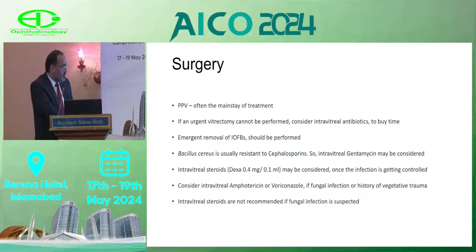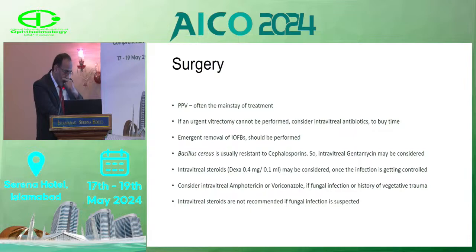Regarding surgery, pars plana vitrectomy is often the mainstay of treatment. This is another topic, where special measures should be adopted while doing vitrectomy in such cases. But if an urgent vitrectomy cannot be performed, then definitely intravitreal antibiotics should be considered to buy time.